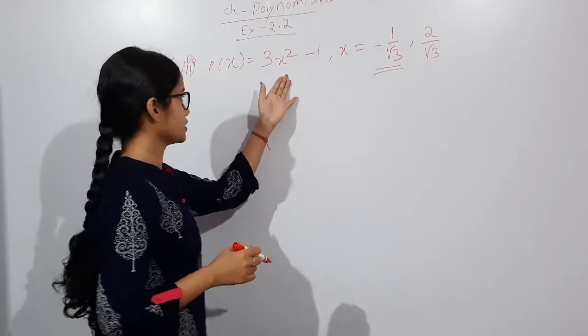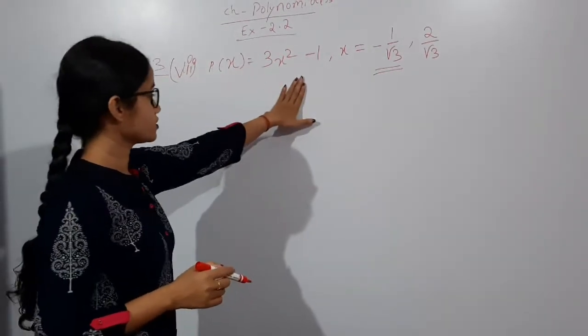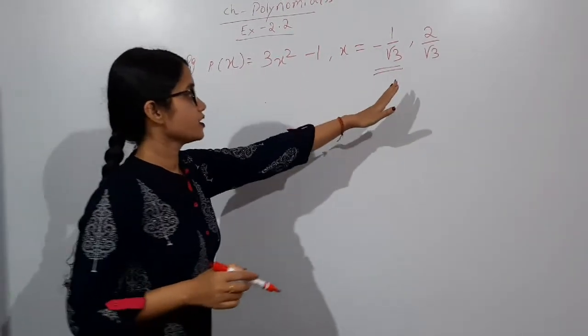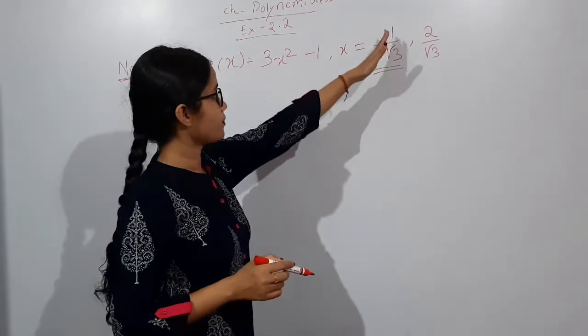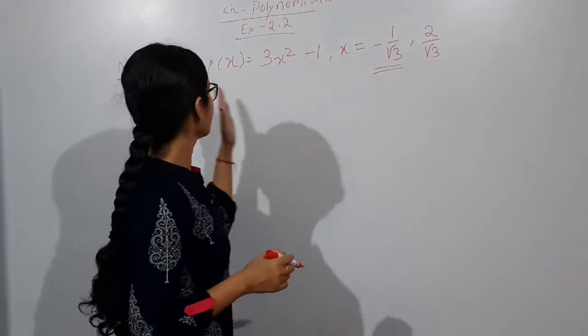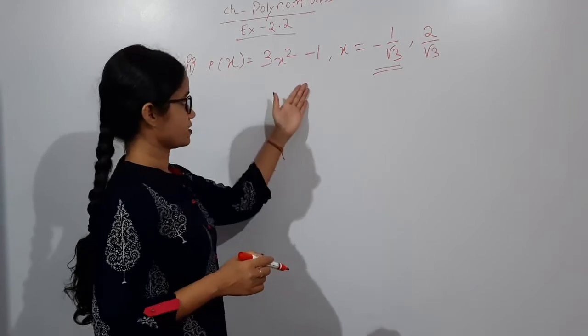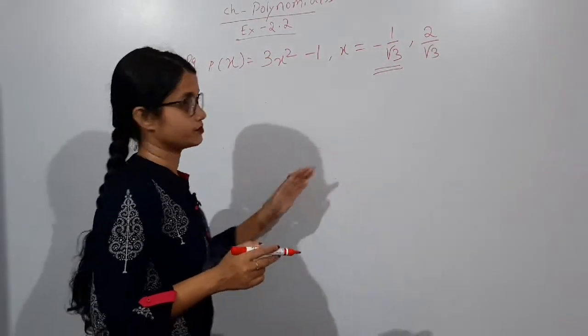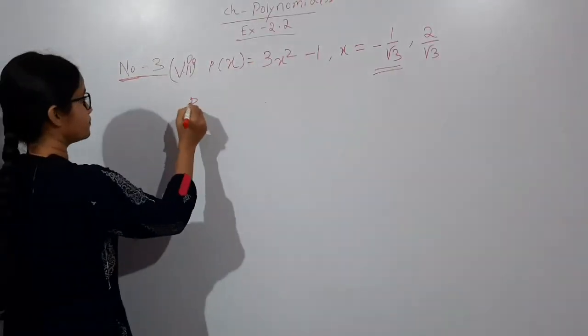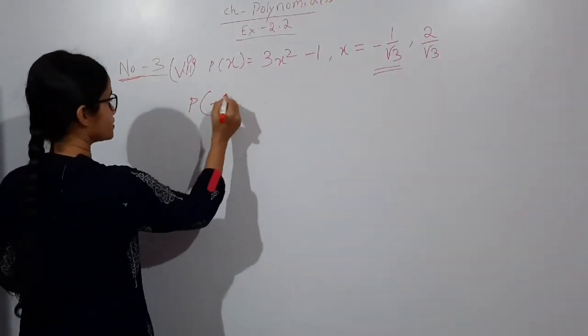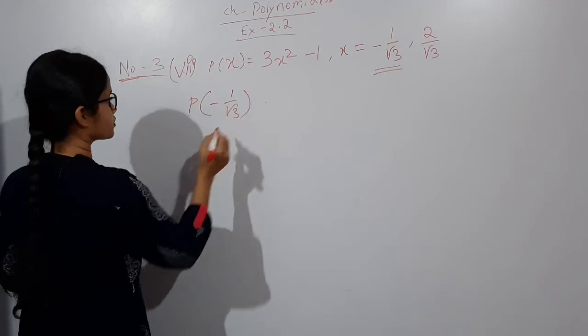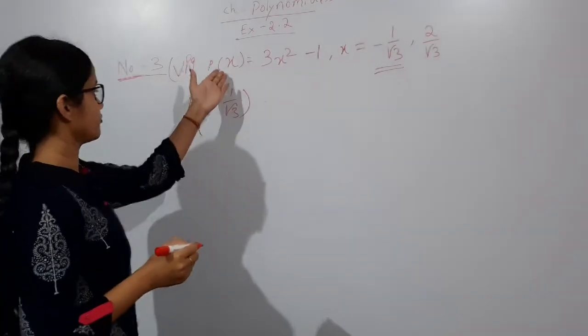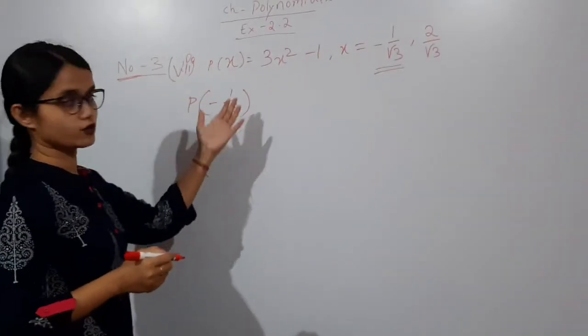or not. Okay. So P(x) is equal to this much, and at first we have to put minus 1 by root 3 in the place of x, and we have to check whether this is equal to 0 or not. So P(minus 1 by root 3), because we have to find out P(x) and the value of x is minus 1 by root 3 according to the question.